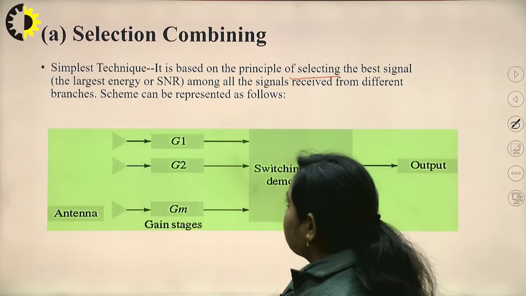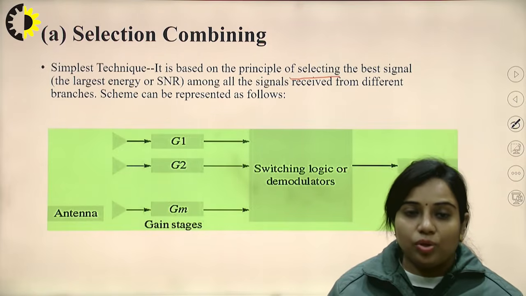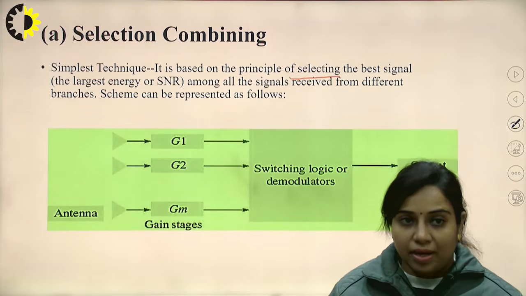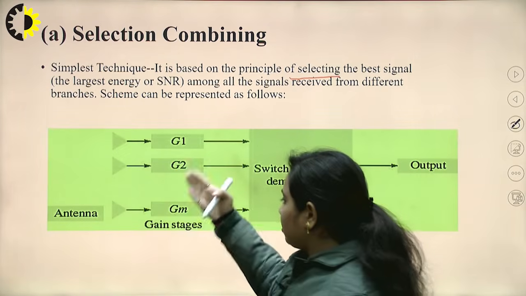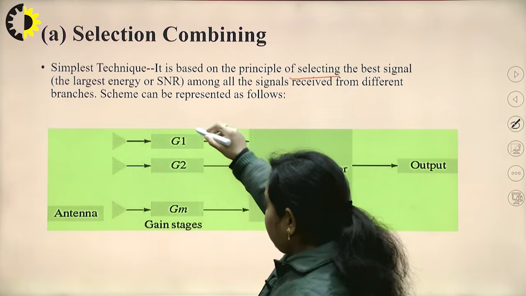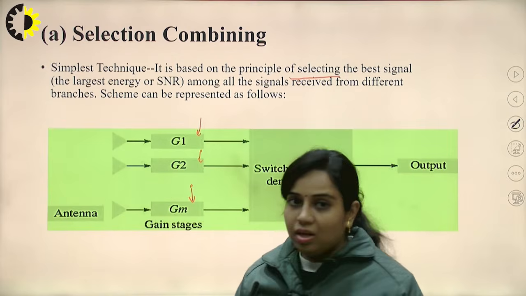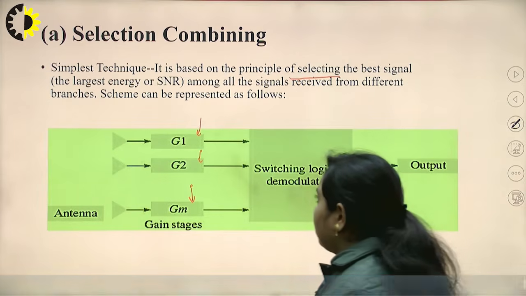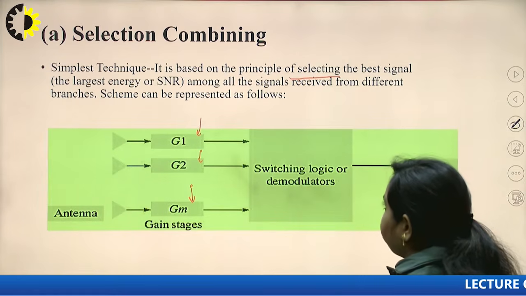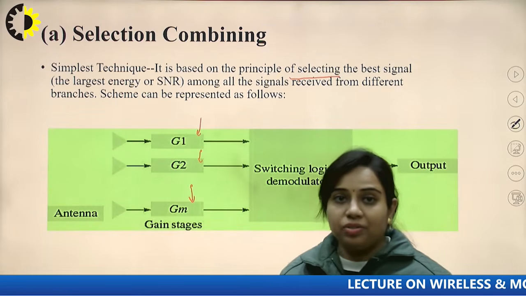In the selection combining, since the signal is going to travel over different paths, it will undergo multipath fading. Since these are different paths having different gains like G1, G2 and up to Gm, so m different options are there between the transmitter and receiver, it has to select whichever path has the highest signal to noise ratio.